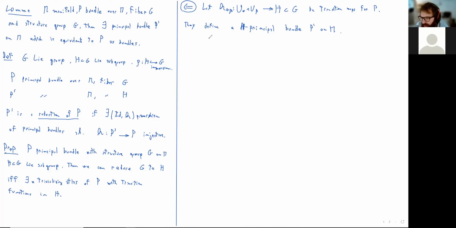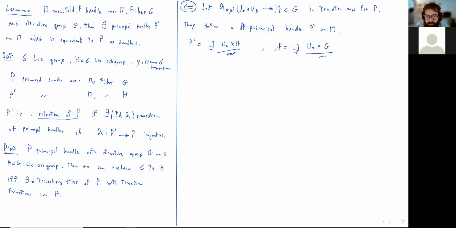And how did this definition come? Well, we had that P prime was this union of U alpha times H modulo this equivalence relationship. And of course, the same can be said for P, because we said that this way of writing it is unique up to isomorphism.